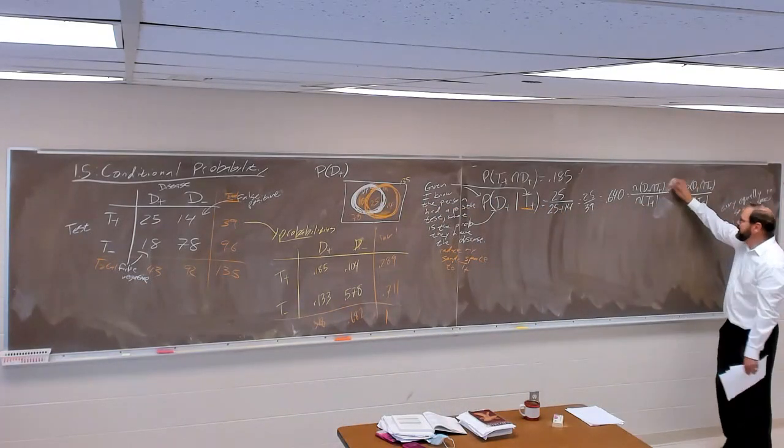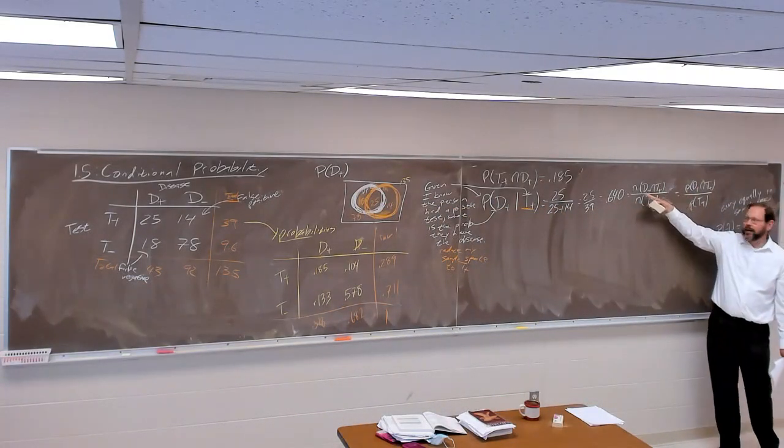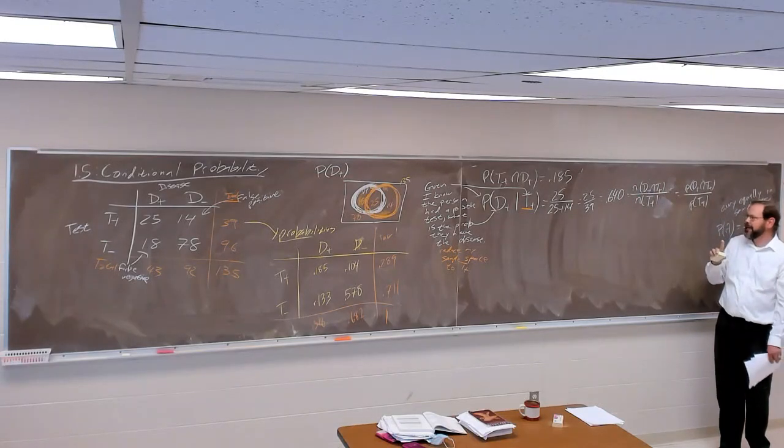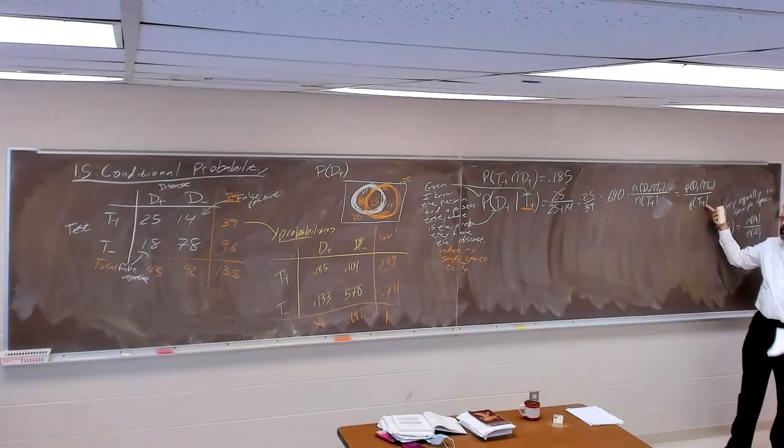Right, we will use this interchangeably. Sometimes we'll talk about the number of ways certain things can happen and calculate it that way. Sometimes, more often than not, we'll talk about probabilities.